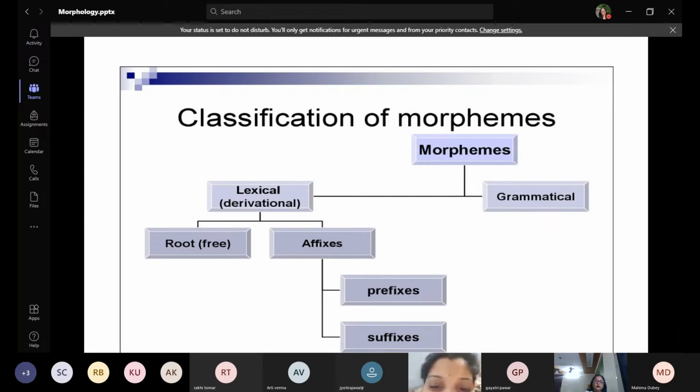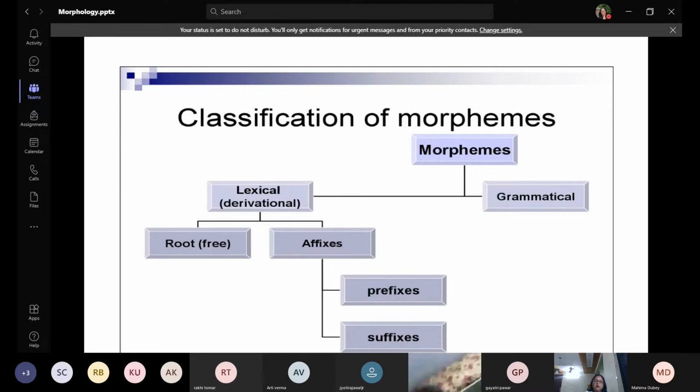And then you can attach some affixes, and affixes means something before the root morpheme or something after the root morpheme. When you attach something before the root morpheme, then it becomes prefix.